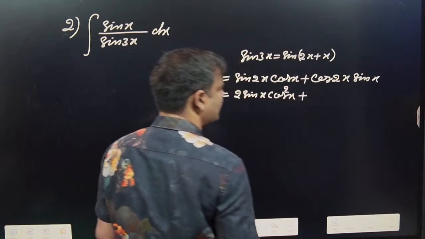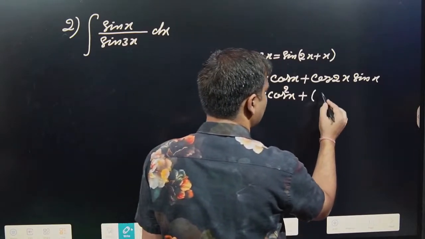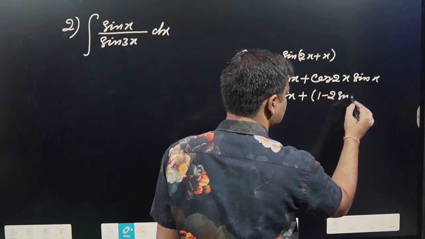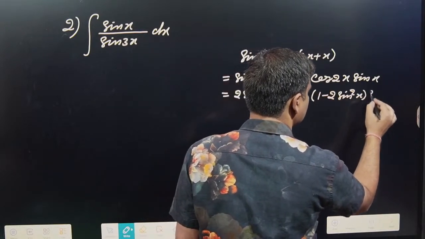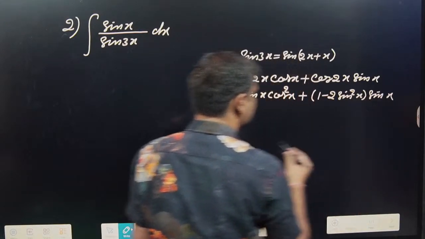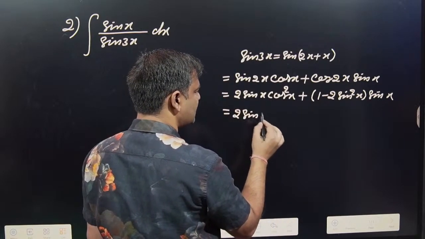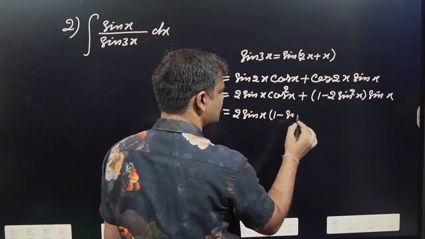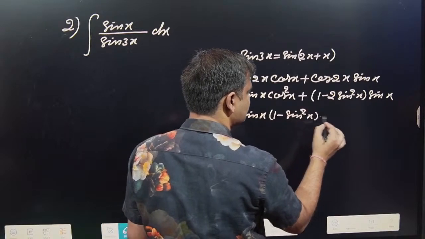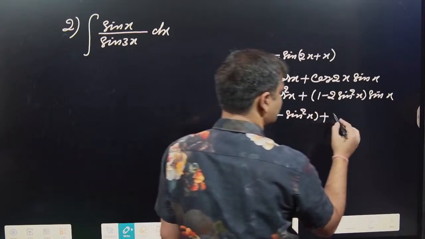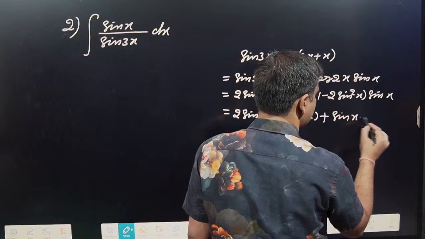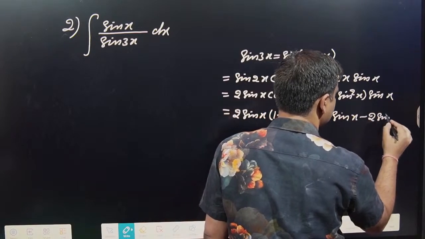Now this one is written as 1 minus 2 sin square x into this one, written simply sin x. So this is 2 sin x into 1 minus sin square x. So this one is 2 sin x minus 2 sin cube x.